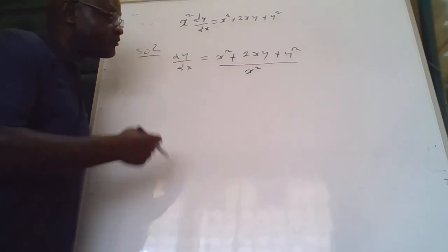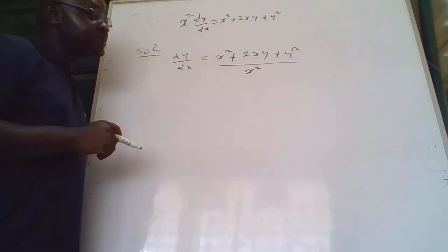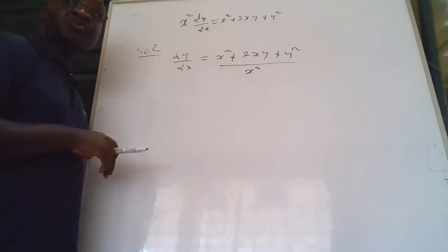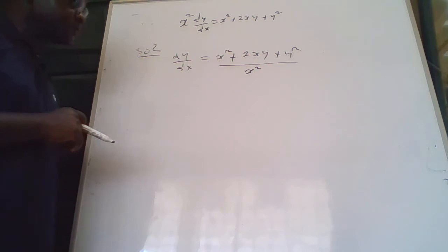After dividing through by x squared, you can see this is a differential equation where we need to use substitution in order to get the general solution.